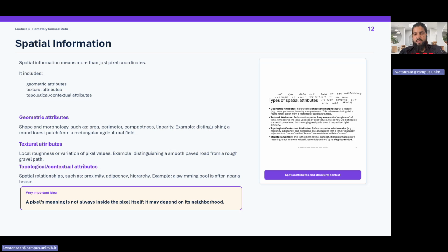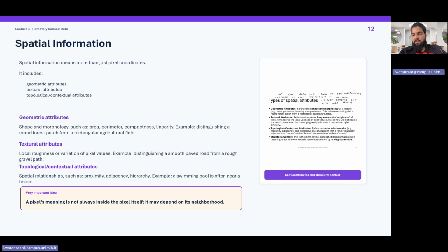If we take the example, distinguishing a round forest patch from a rectangular agriculture field. By distinguishing these two, it is really easy, and the geometric attributes of the spatial information are really helpful. Or you can take any football or cricket stadium example.